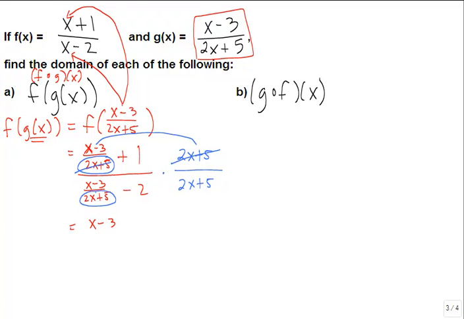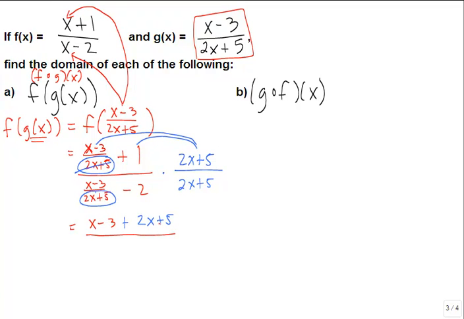Okay, now if I go to the second part of this numerator, now I need to take 1 times this whole common denominator. This 1 does not have a fraction in it, so nothing's going to cancel out. So we're just going to take 1 times 2x plus 5, which keeps it 2x plus 5.